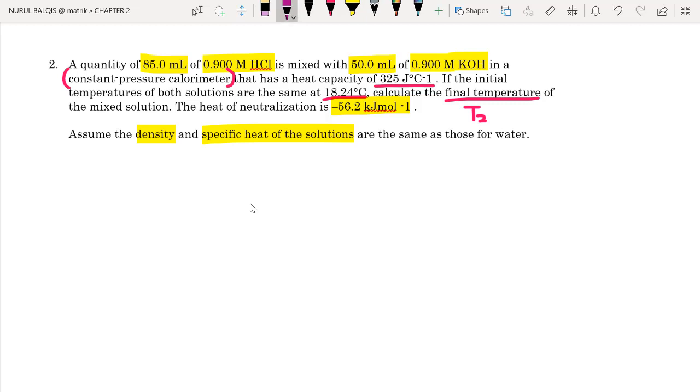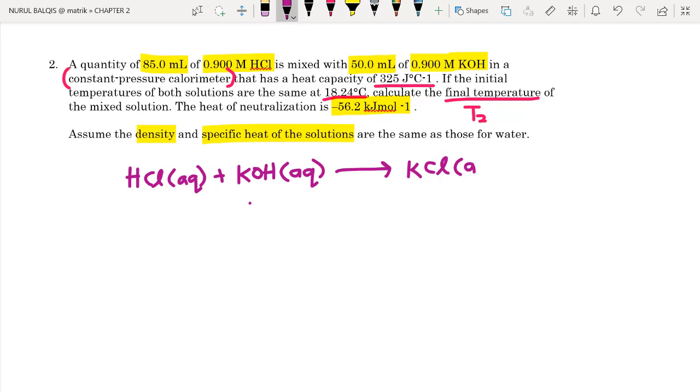The thermochemical equation is HCl aqueous reacting with potassium hydroxide aqueous to give you KCl as your salt plus water.